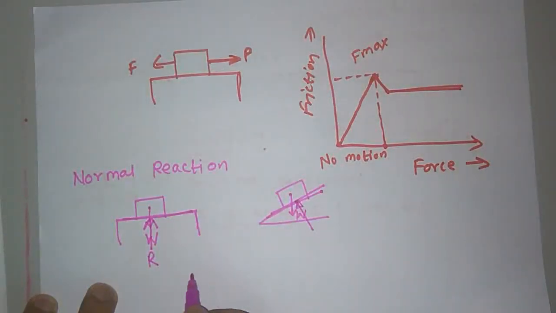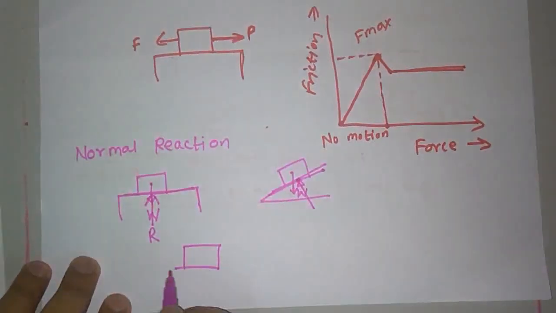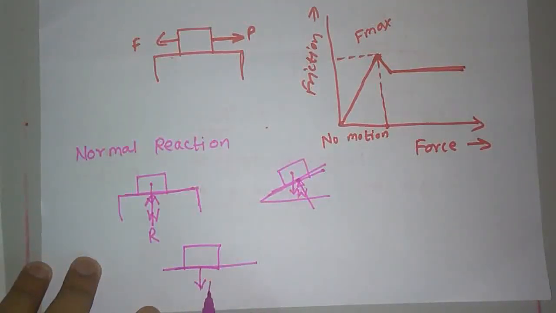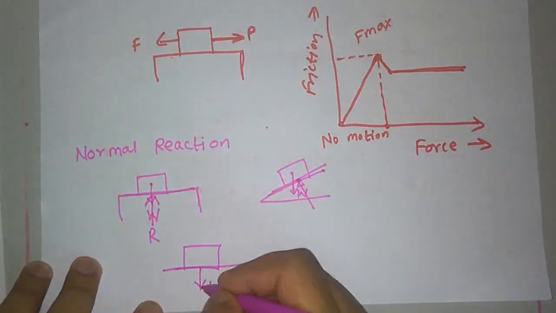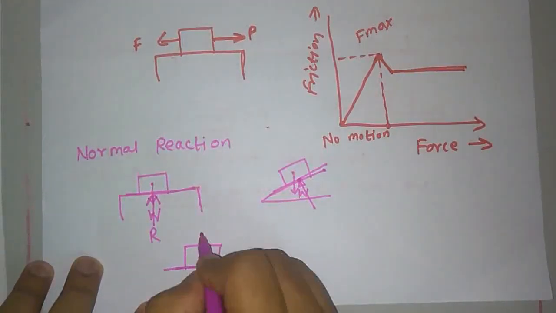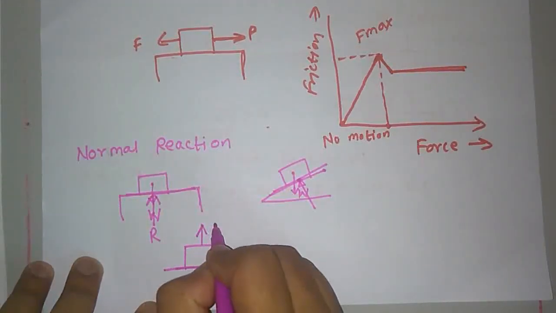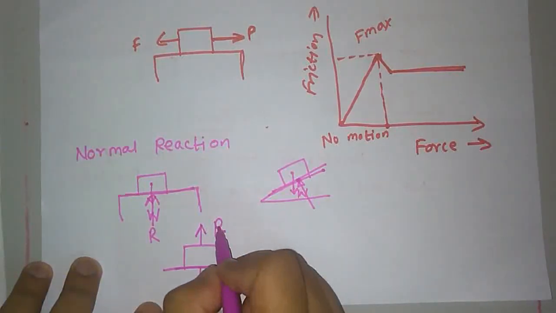If you redraw this, its weight is acting downward, and perpendicular to the surface there will be a reaction.